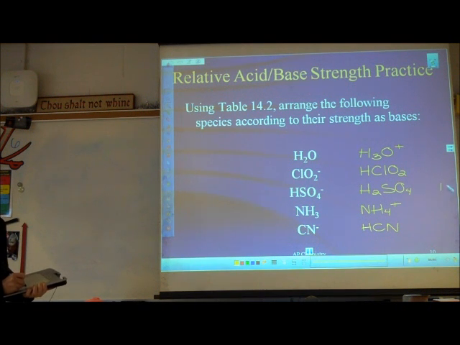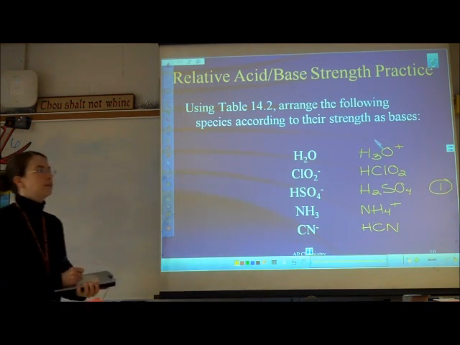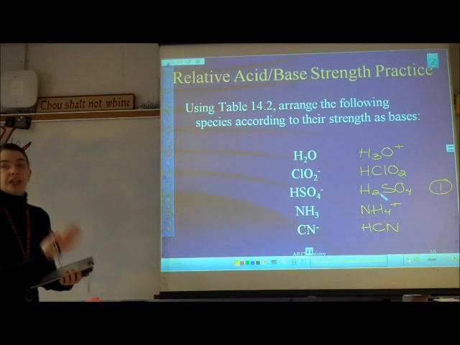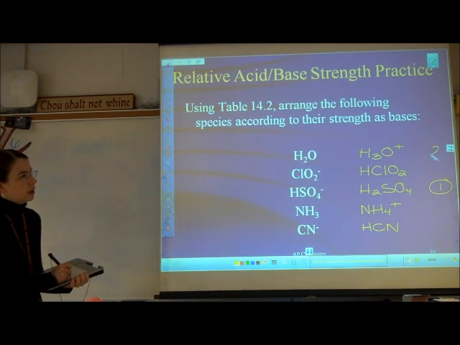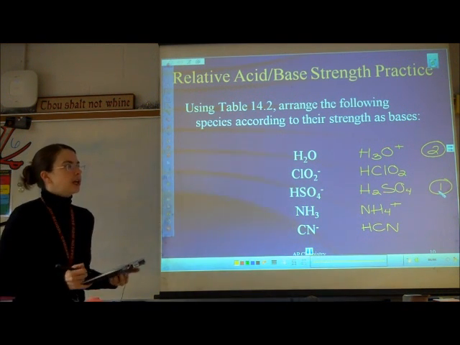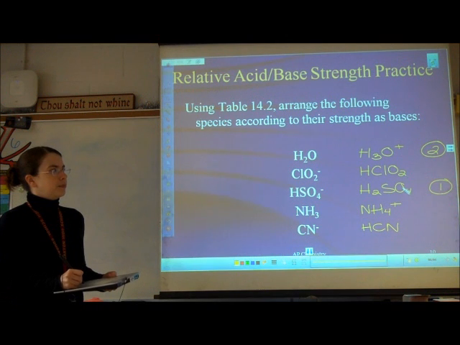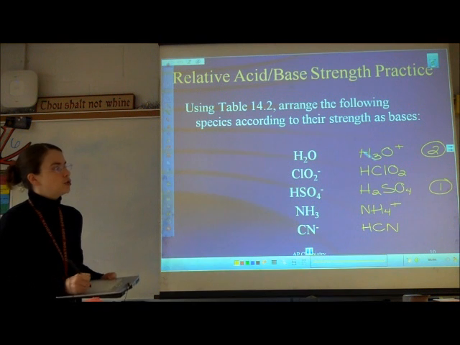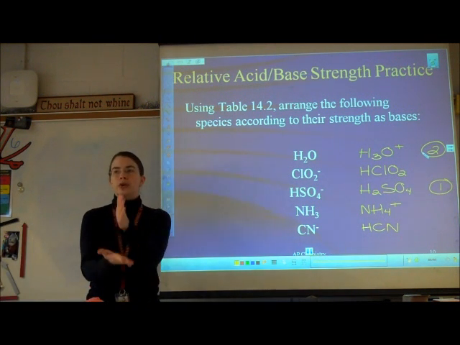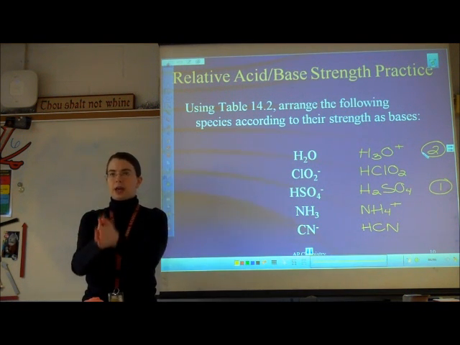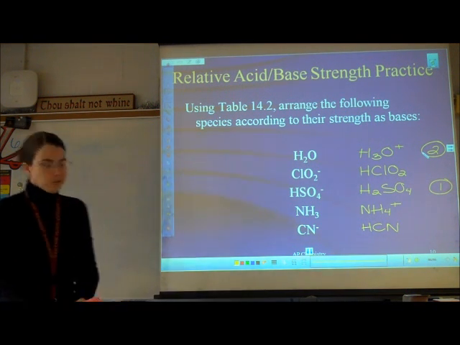So I'm going to put a number 1 next to it, meaning that is the number 1 strongest acid in this list. The next one, I'm just going to tell you because you wouldn't know this. Hydronium comes next. Sulfuric acid is a strong acid. The remaining 3 here, those are weak acids. Hydronium falls on the border between strong acids and weak acids. It's on that borderline.